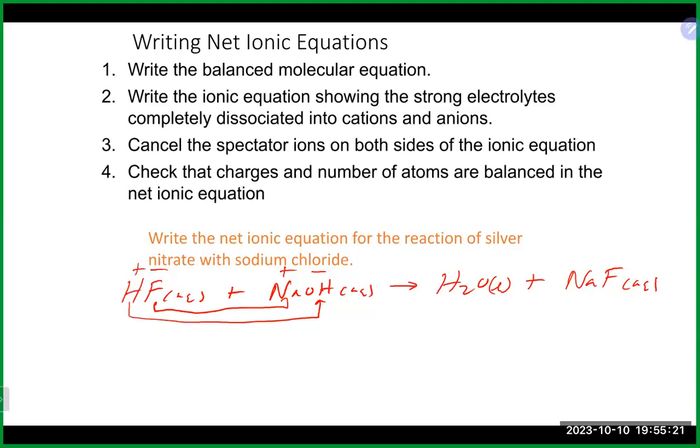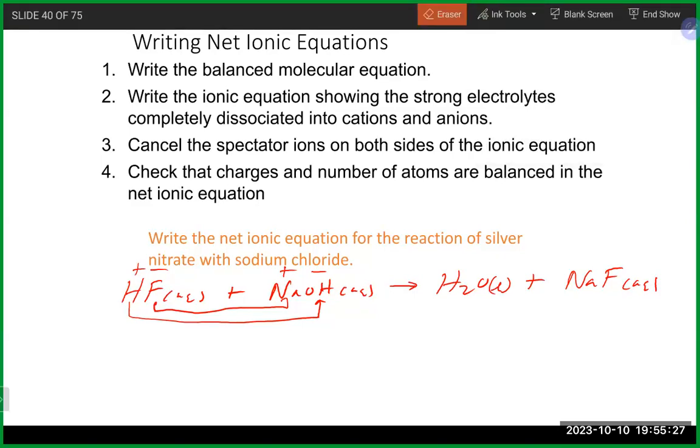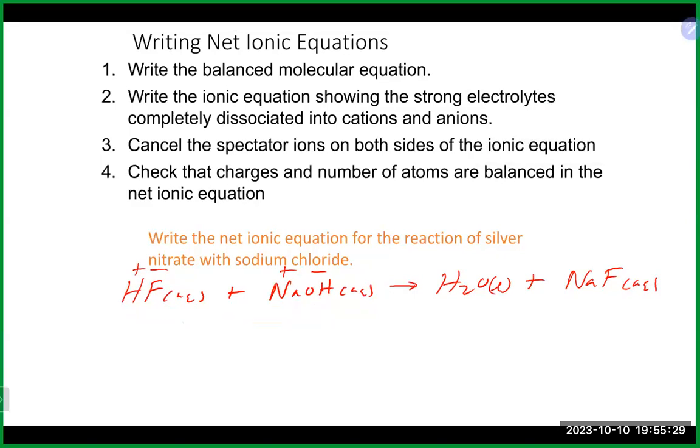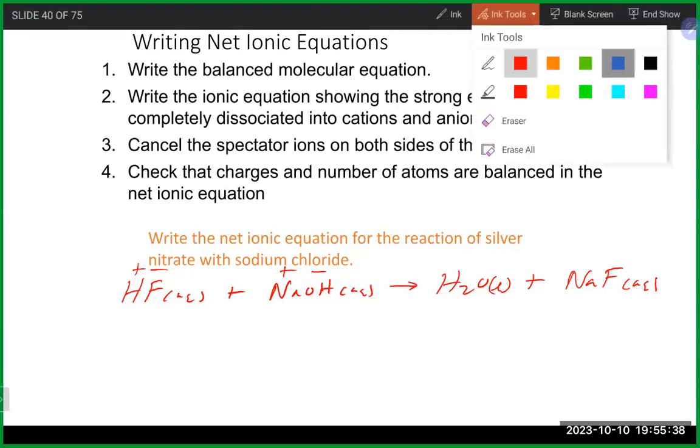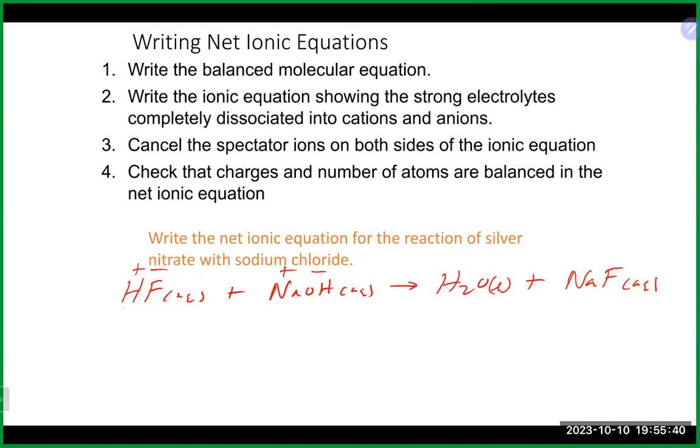So this is the molecular equation that's going on in this particular case. And to show you what happens when we get a weak electrolyte involved. So obviously we know our HF is a weak electrolyte. So when we go to write our total ionic equation, we're going to actually keep this guy together as it's a weak electrolyte. So it would be HF.